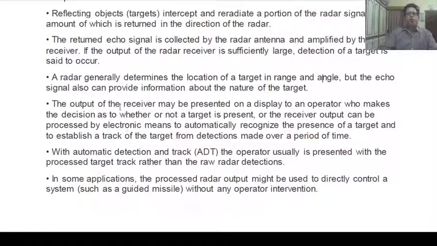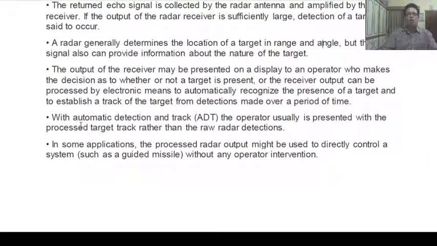The output of the receiver may be presented on a display to an operator who makes the decision as to whether or not a target is present, or the receiver output can be processed by electronic means to automatically recognize the presence of a target and to establish a track of the target from detections made over a period.